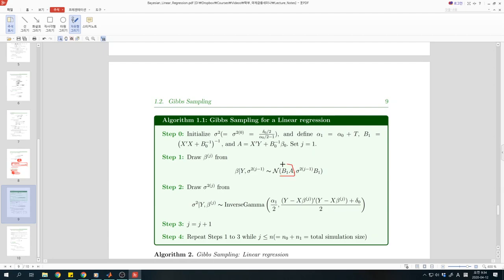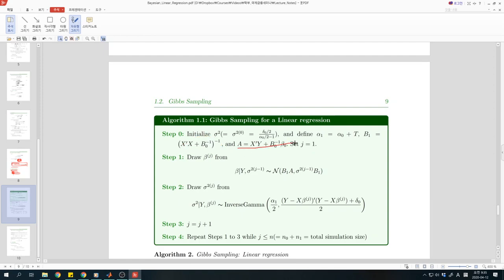Do B1 and A change? No, B1 and A do not change. Just look at B1. B1 is determined by X and B0. Those are not changing over the iterations.